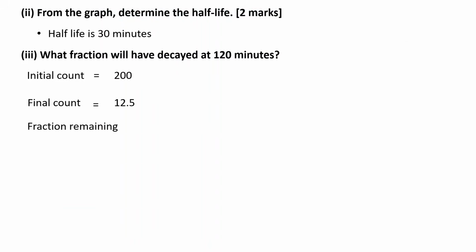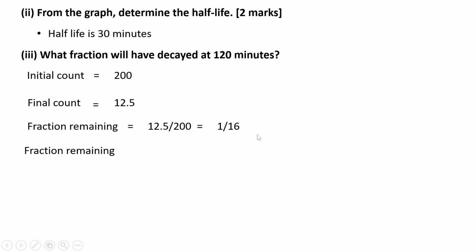So now the fraction remaining. The question is asking what fraction will have decayed at 120. The fraction remaining is 12.5 over 200, which will give you 1 over 16.